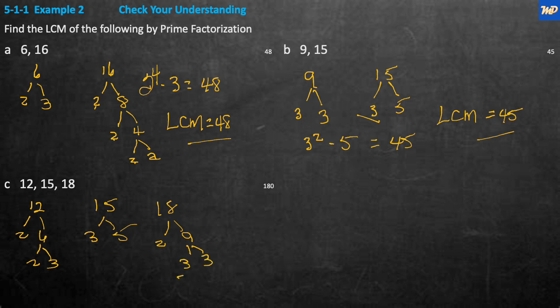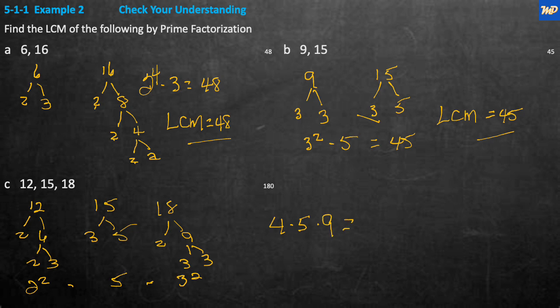So here we have 3 squared. Here we have 2 squared. And we have a 3, which is only a 3 to the first, so we don't use it. Here's a 3 to the first, we don't use it. And we have a 5, it's nowhere else, so we use it. And we have the 5. So it's 2 squared times 5 times 3 squared. And if we look at that, it's 4 times 5 times 9.